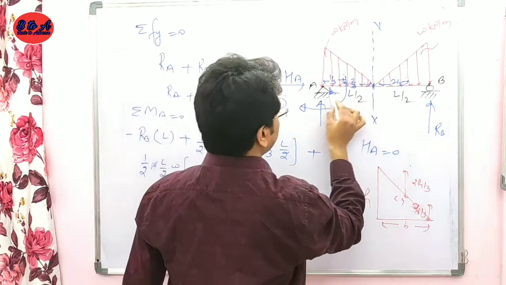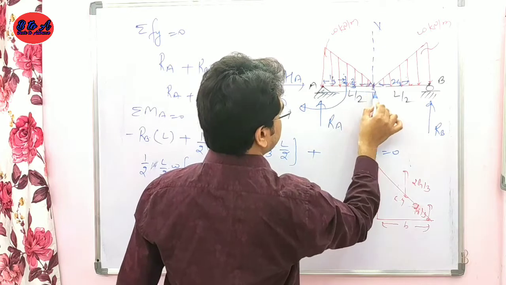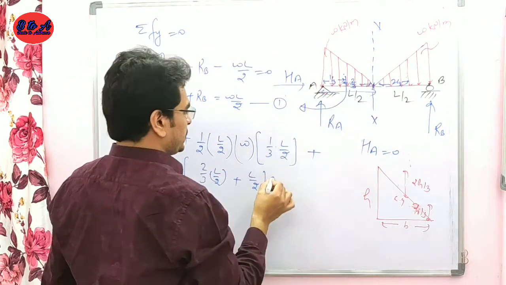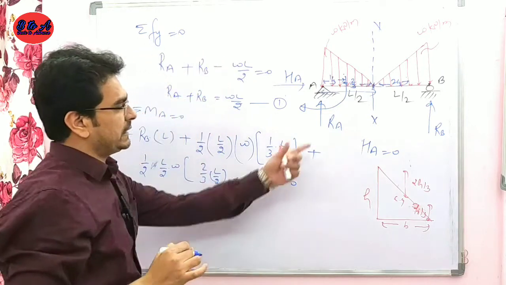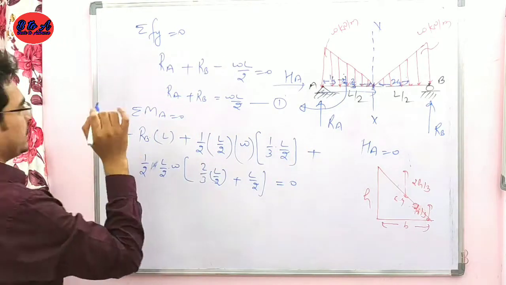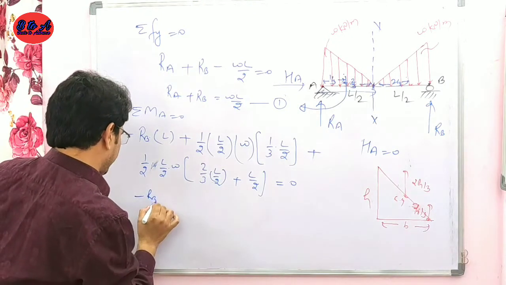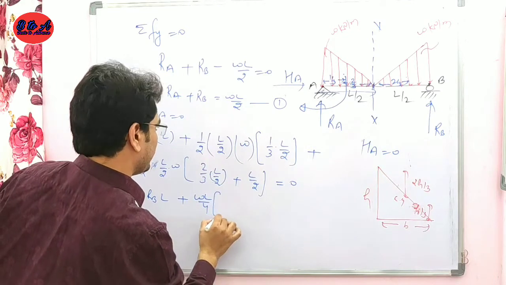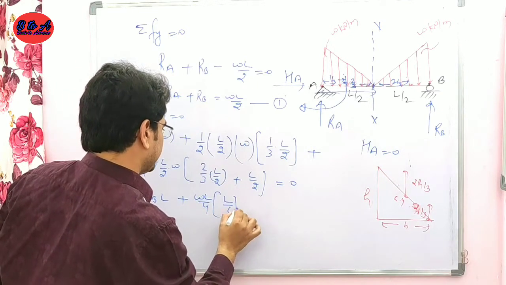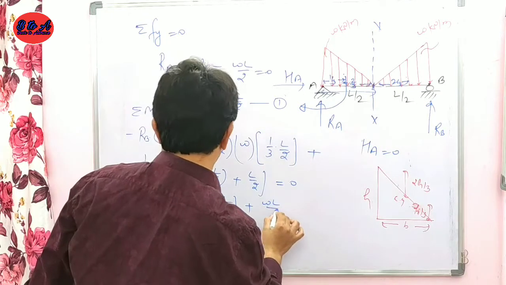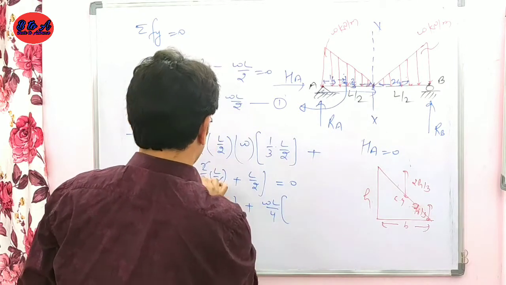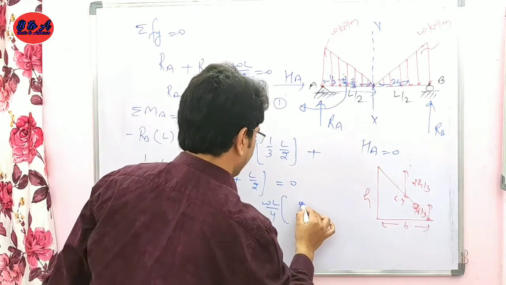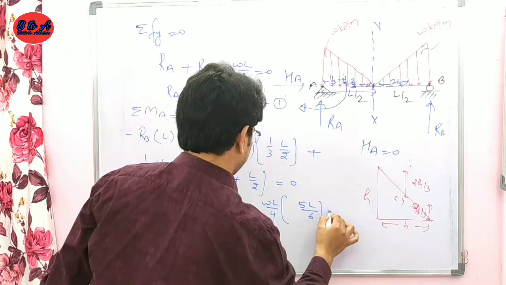अब हम यहां तक आ चुके हैं, हमें यहां तक की डिस्टेंस चाहिए। It means this is also the L/2. This RA is passing from this point, so there will be no moment due to this reaction. So this is the equation. चलिए इसको सॉल्व करते हैं। Minus RB L plus this one WL/4 bracket, L by 6 plus WL by 4 bracket 2 cancel, L by 3 plus L by 2, that is the 5L by 6 is equal to 0.